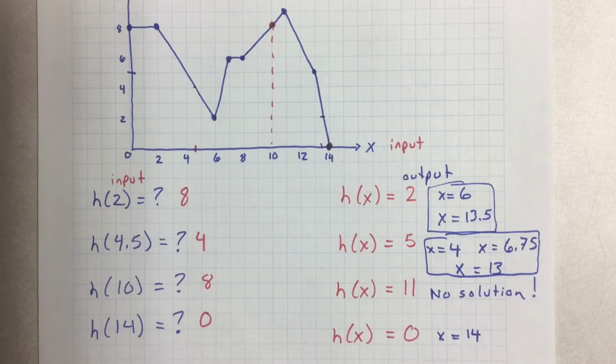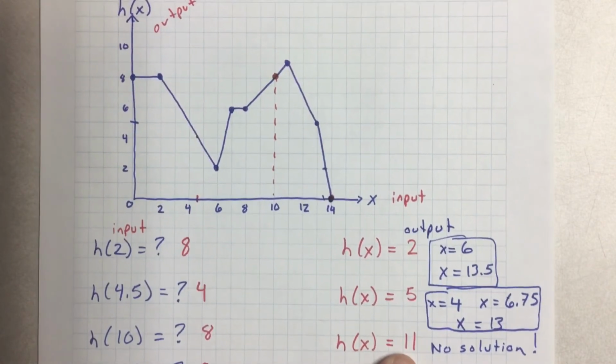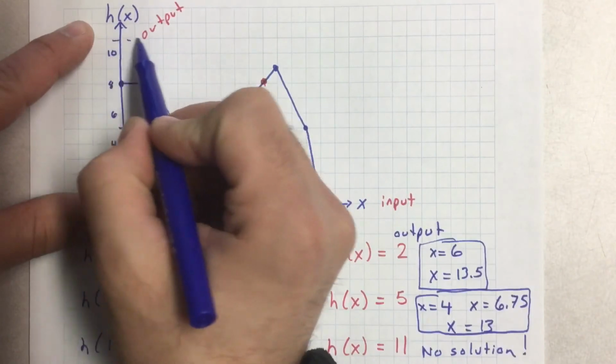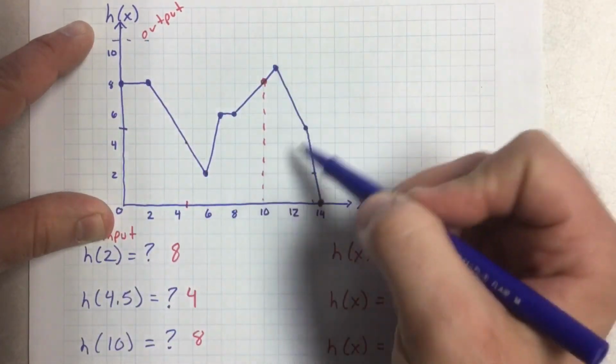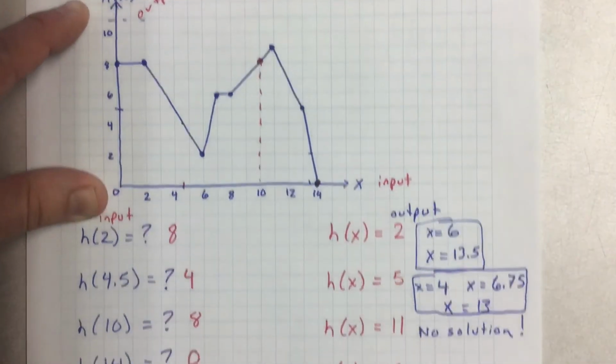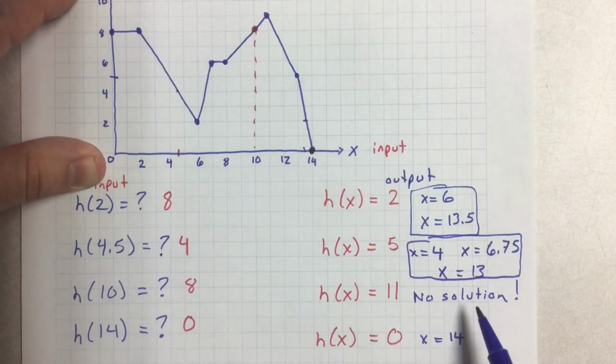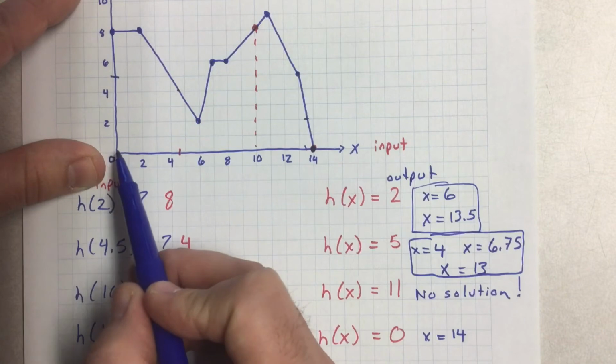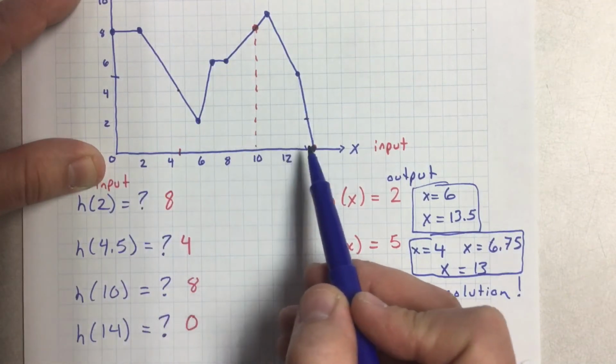All right, so did you get it? h of x equals 11 might have been a little difficult because if you look at our graph, 11's up here, and there's nothing there. None of our inputs are giving us 11, so therefore no solution. That's nice. And so for an output of 0, the only option that gives us that is 14.